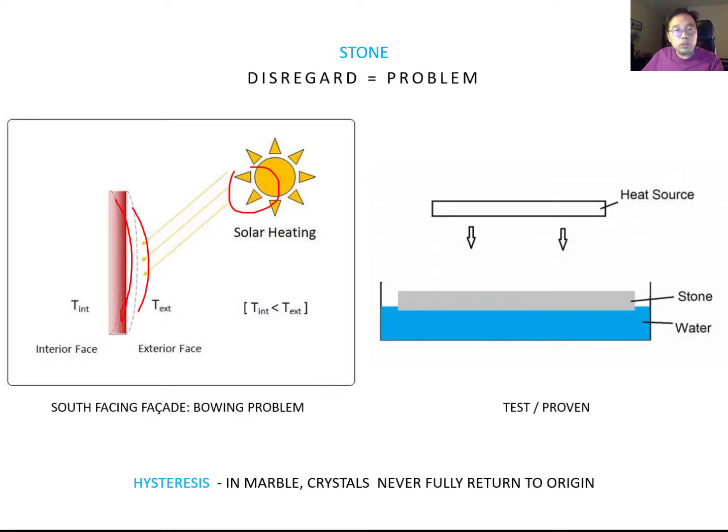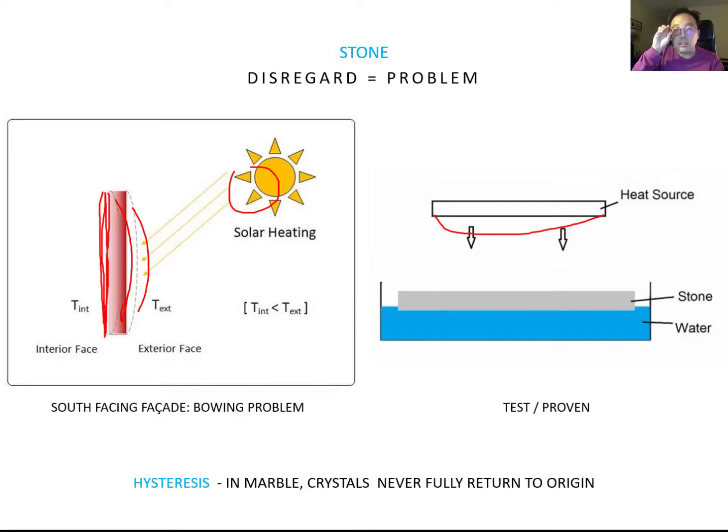What about the solution? The entire surface of our marble panel is attached to an aluminum honeycomb backing. It means when you simply add the aluminum honeycomb backing to the bottom of the marble panel, this aluminum honeycomb backing holds the marble panel.